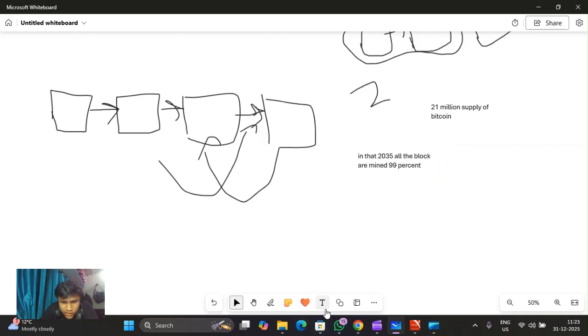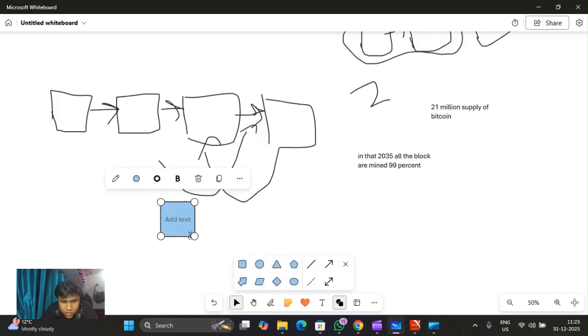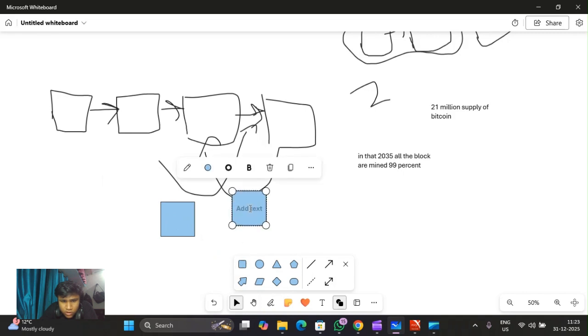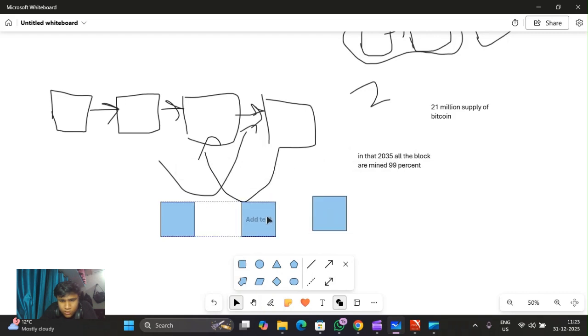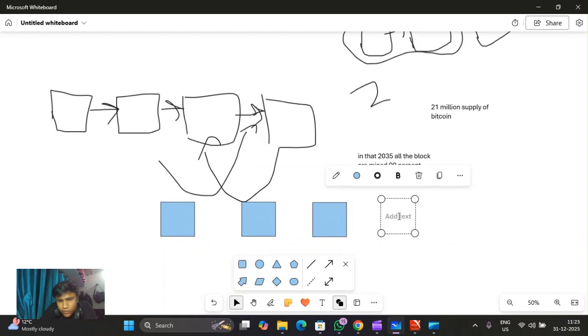So first, there's a block. We have block 1, block 2, block 3, and block 4.